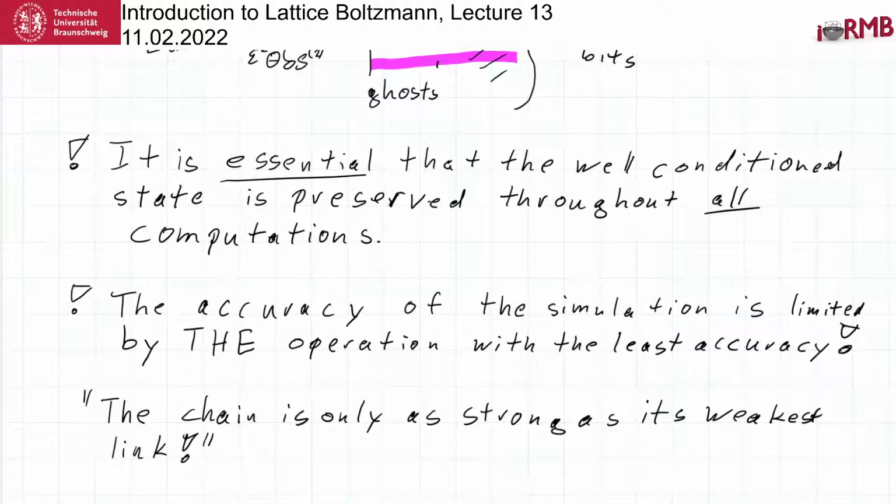So really, if you actually implement a Lattice Boltzmann code or any other explicit numerical method, you spend most of the time, not with these fancy derivations, but you spend most of the time in conditioning them and trying to arrange your calculations such that you minimize your round-off errors.